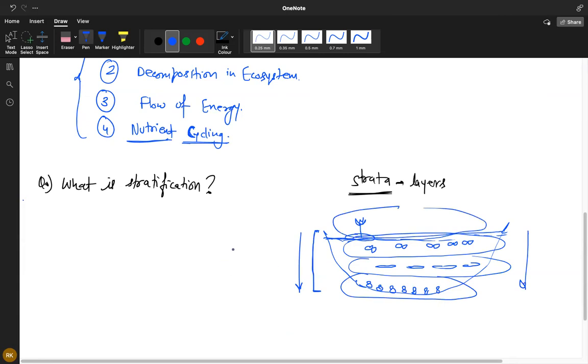Yes, sir. Now, this is a pond and it's easier to understand there because a pond has a depth. Can stratification also happen in a terrestrial ecosystem? What do you think? Do you think stratification can be seen in a terrestrial ecosystem? Yes, it can be.